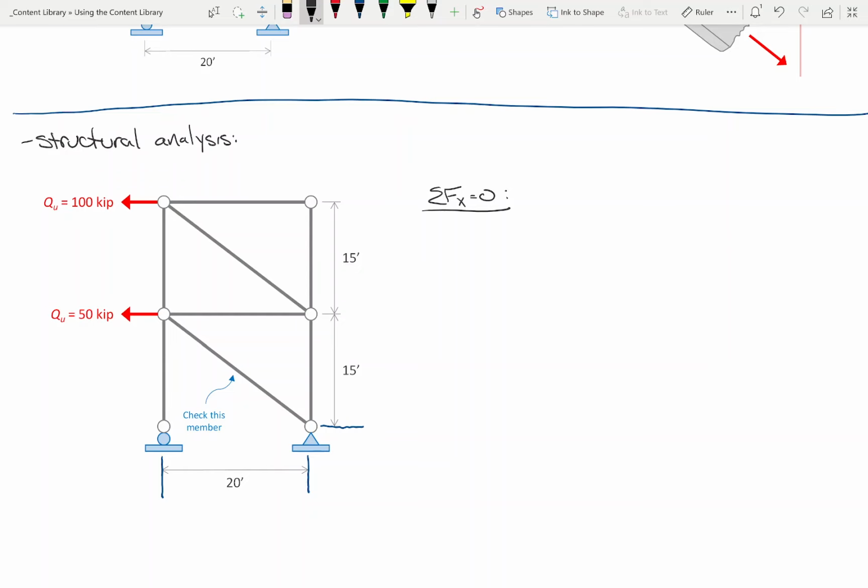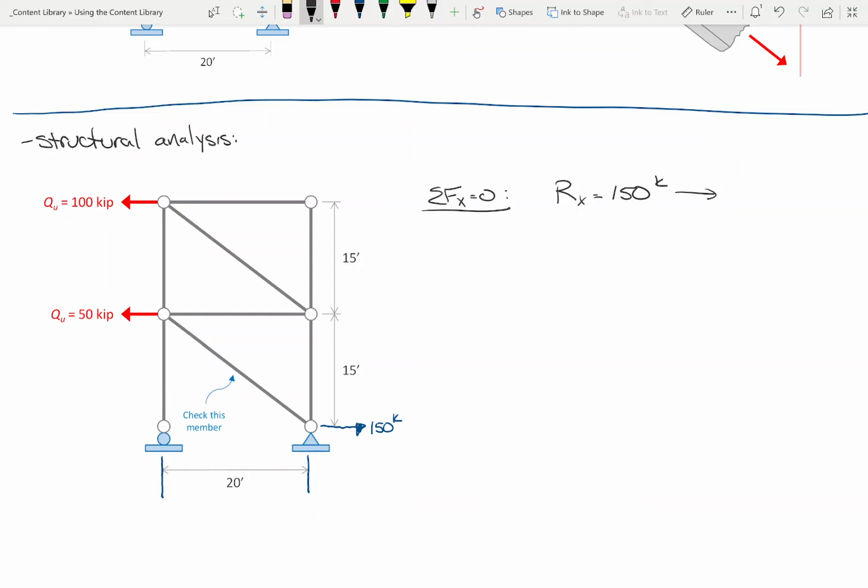Because if I have 100 going to the left, 50 going to the left, what's this reaction? There we go. Is that fair?